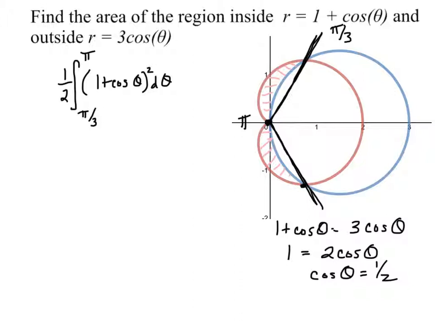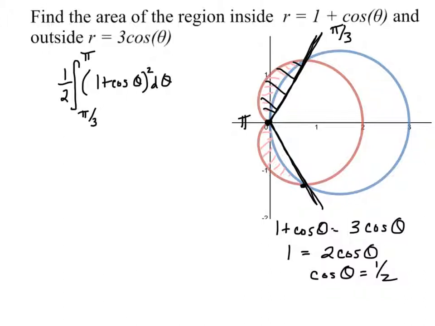Let me just shade what that would be. That's what I just found. And remember, one of the best things I ever heard was think about it like it's a windshield washer. So starting at pi over 3, it just sweeps through, and all the area enclosed is shaded.